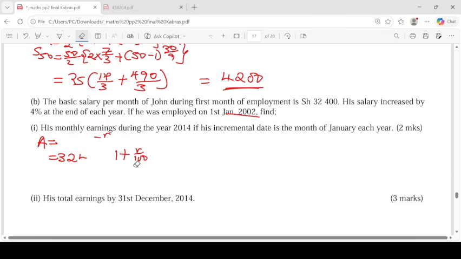First, you have to identify if the common ratio is greater than 1 or less than 1. If it is so, then the sum of n terms will be given by a into r power n minus 1. I'm just trying to see the right formula that we can apply in this question. The basic salary per month of John during the first month of employment is 3,200.